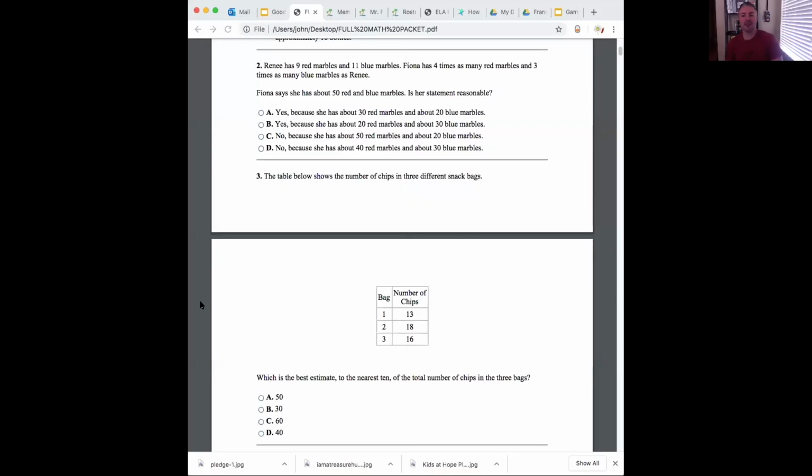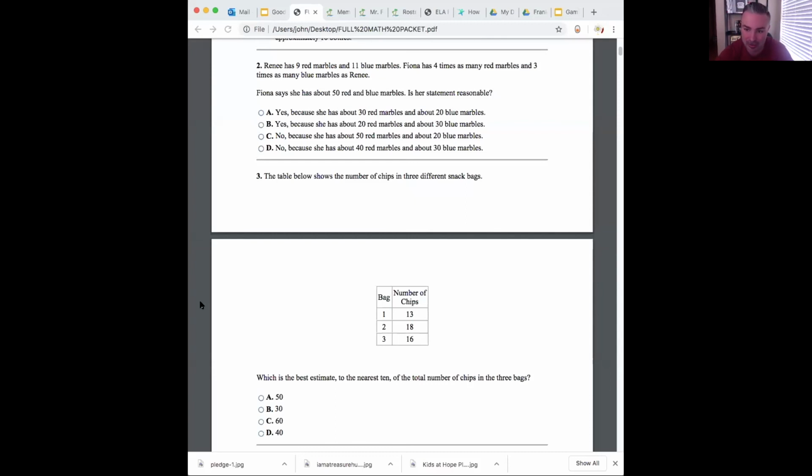All right, so back to our question. The first one: yes, because she has about 30 red marbles and 20 blue marbles. Well, she has 36 red marbles and 33 blue marbles. So that answer is way off based on blue marbles, so that can't be it.